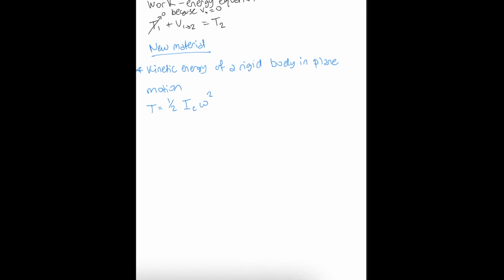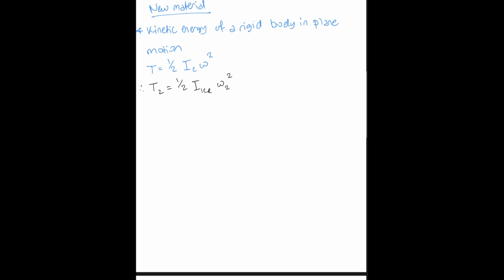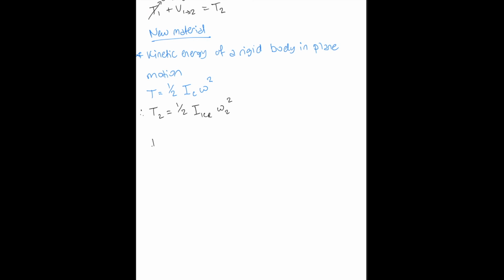So in our case, T2 is equal to half I ICR, instantaneous center of rotation, multiplied by the angular velocity squared. Now, what's the rotational inertia around the instantaneous center of rotation?